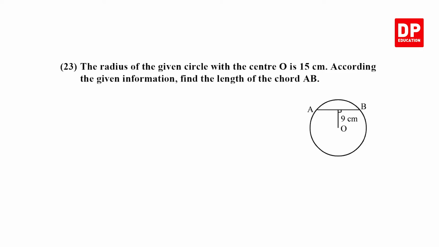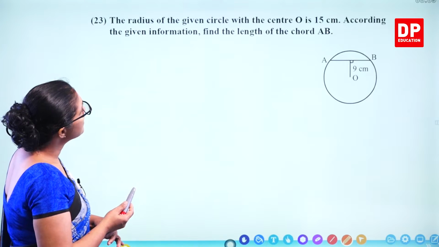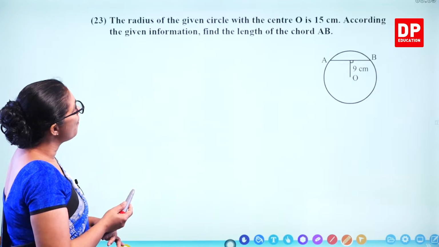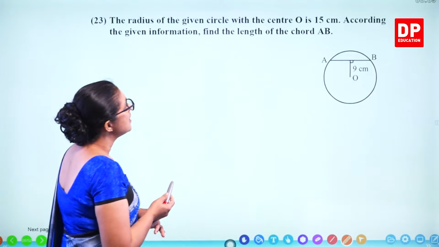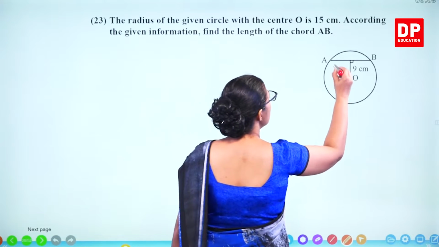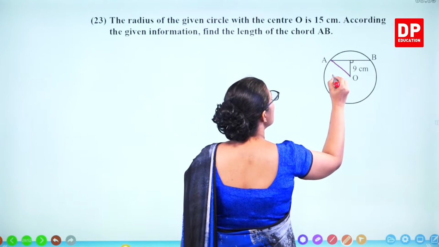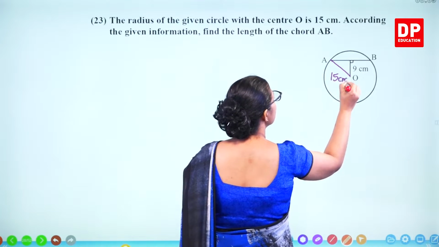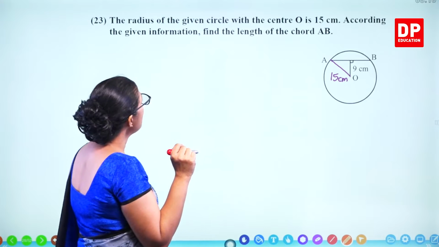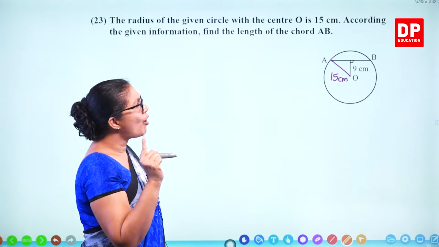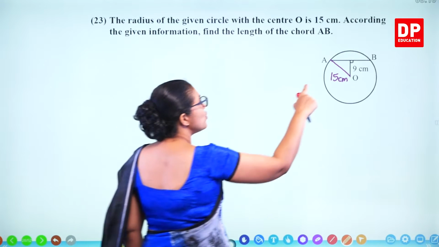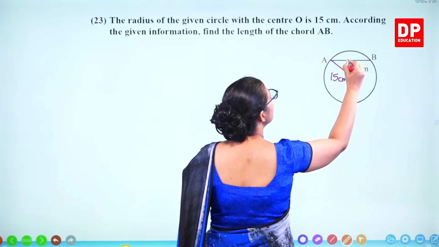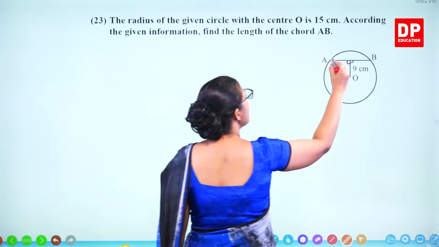Question number 23. The radius of the given circle with the center O is 15 centimeters. So that means if we connect this one, this is 15. According to the given information, find the length of the chord AB. Now using the Pythagoras theorem, we can find this length.